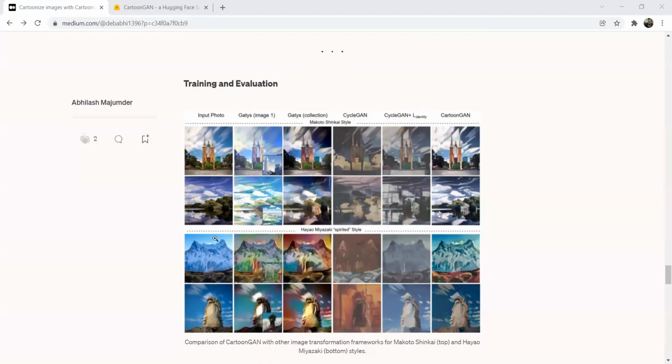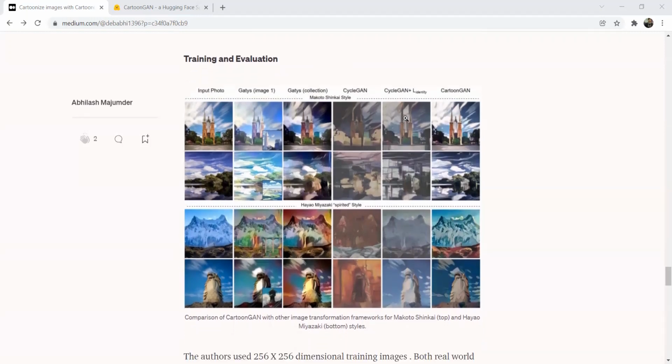CycleGAN and L identity also have some resemblance to CartoonGAN, but they are not as efficient and not as fast during training. CartoonGAN has been found to be better in the training phase as well as in producing the generated images.